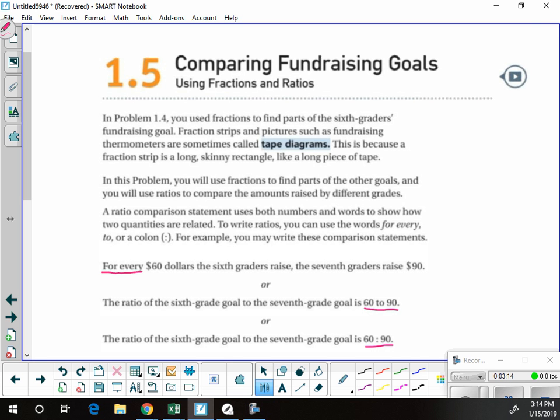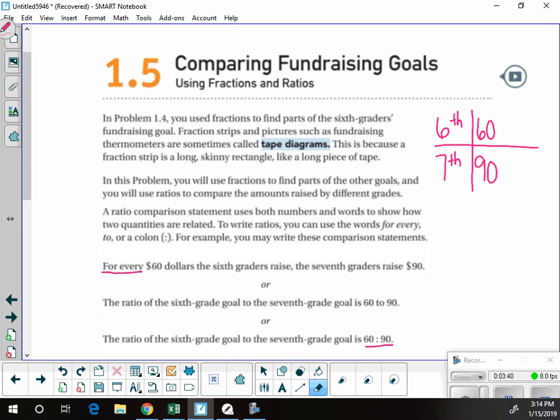So if we set this up like a ratio table, we could have the 6th grade goal and the 7th grade goal. And the 6th grade goal was 60 and the 7th grade goal was 90. One thing I want to make sure that you guys know is, do you see how this says the ratio of, let me color code these a little bit for you.